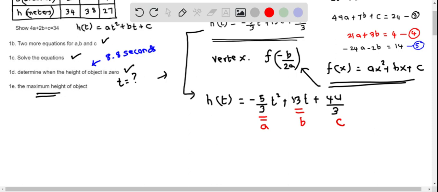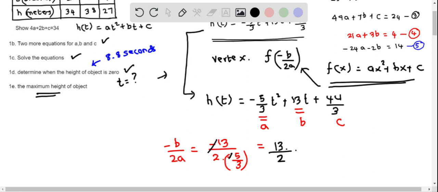So let's do this negative b by 2a. This is equal to, since b is 13, negative 13 divided by 2 times a, which is negative 5 by 3. We have two negatives in the numerator and denominator, so we can simply cancel them. This can be written as 13 divided by 2 times 5, and then this 3 will get multiplied with the numerator.